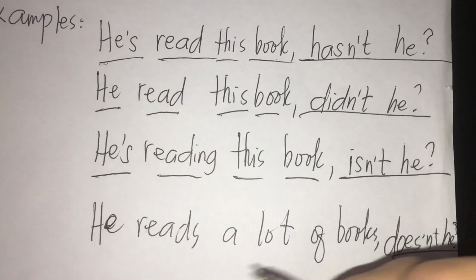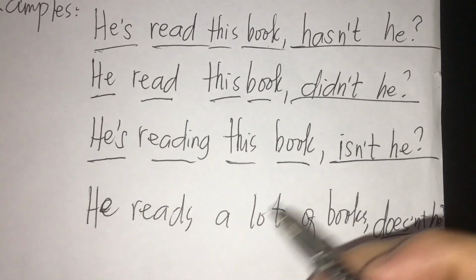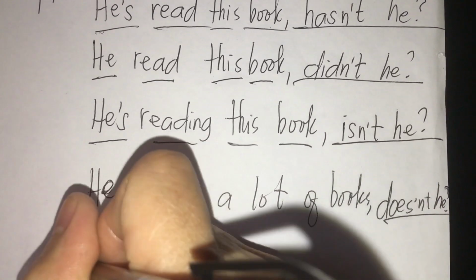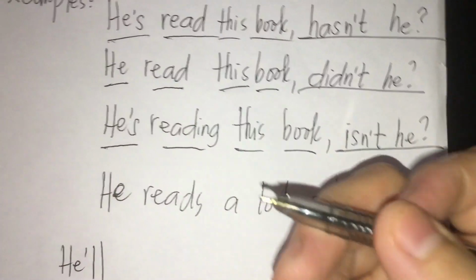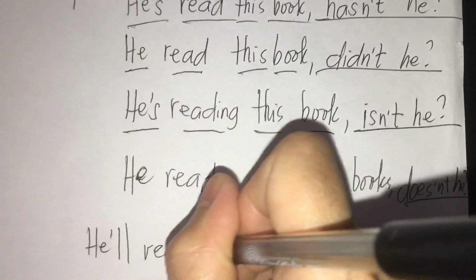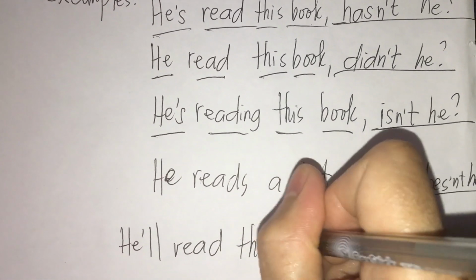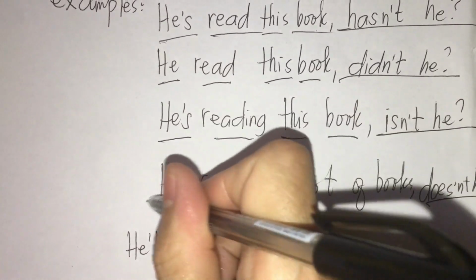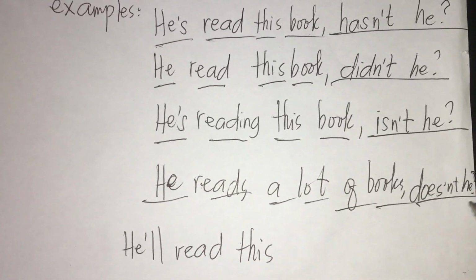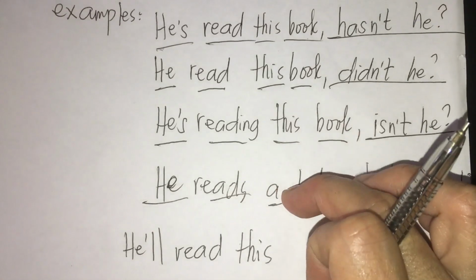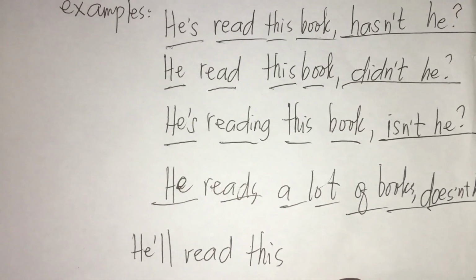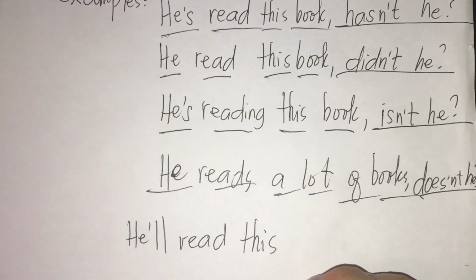So last, I'm going to use he'll, or he will, class. A contraction form for he will read, or he'll read. This, actually class, I expound the first sentence. I'll make it five sentences constructing a tag question.